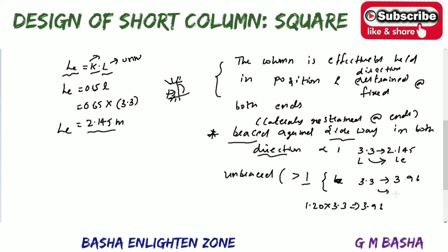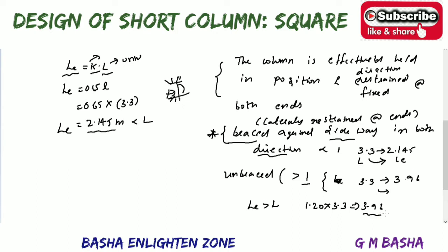Here the effective length is greater than the unsupported length. Whenever the condition is given as braced, restrained in direction at both ends, your effective length will be less than the unsupported length. Whenever the condition is based on the unbraced column, your effective length will be greater than the unsupported length.